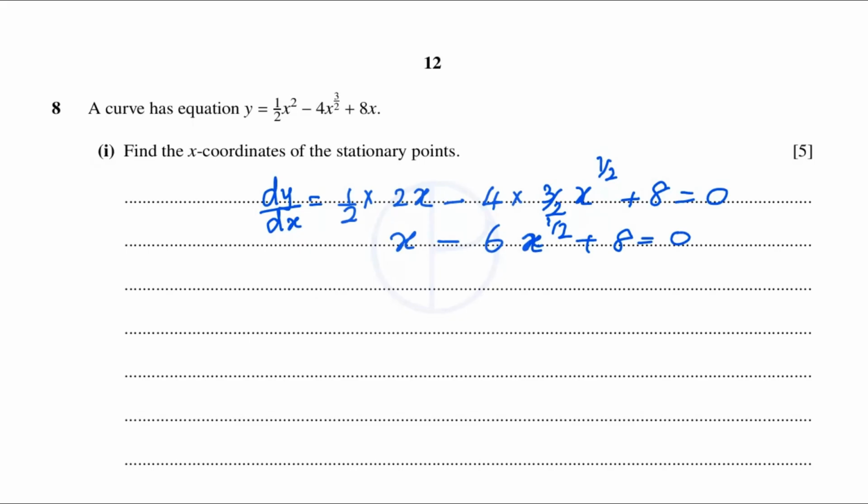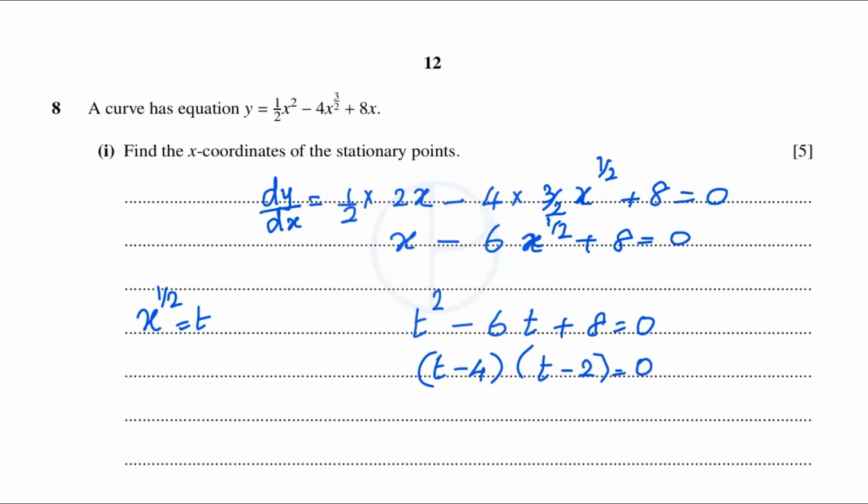To solve this equation, let's take x power 1 over 2 as t. So x will become t square, and this plus 8 equal to 0. Now we got a quadratic equation in t. Let's factorize this one. (t minus 4) times (t minus 2) is equal to 0.